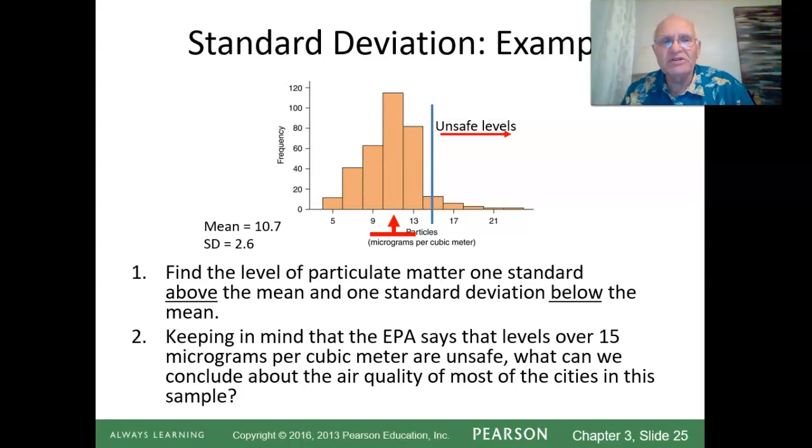If we do that, we get 10.7 minus 2.6, which would be 8.1. And going above it, we get 10.7 plus 2.6, which would give us 13.3. So in that range of 8.9 to 13.3, more than half of the data would fall.